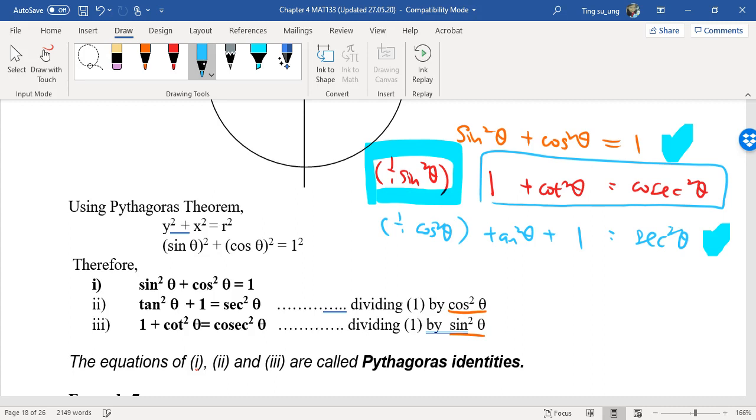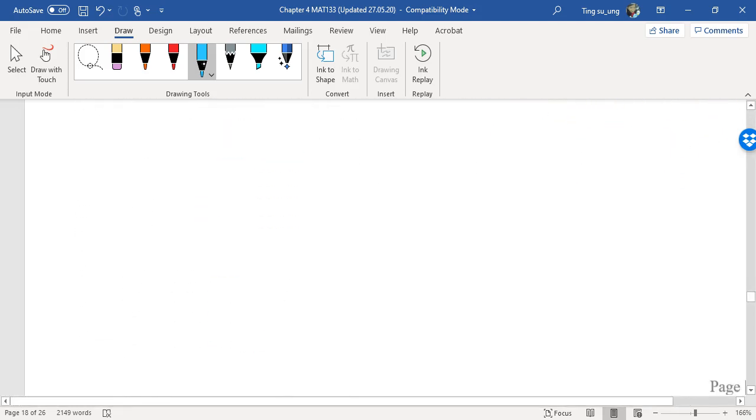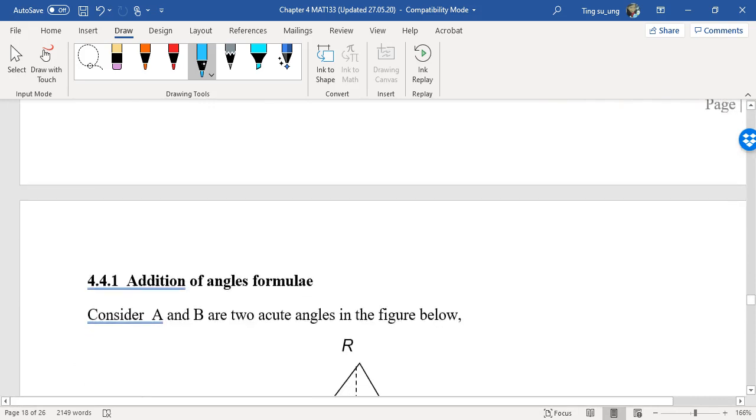See, you don't need to memorize it blindly. You just need to remember from the first identity that you have, you divide with sine square, then you are able to get the formula itself. This one uses Pythagoras identities. The simplification and the proof you can do by yourself later.